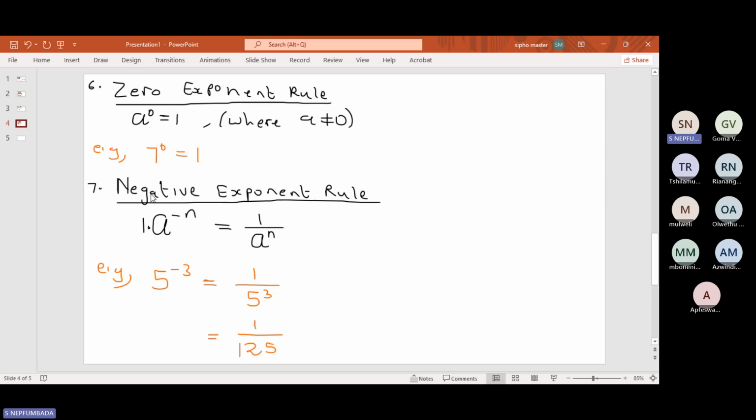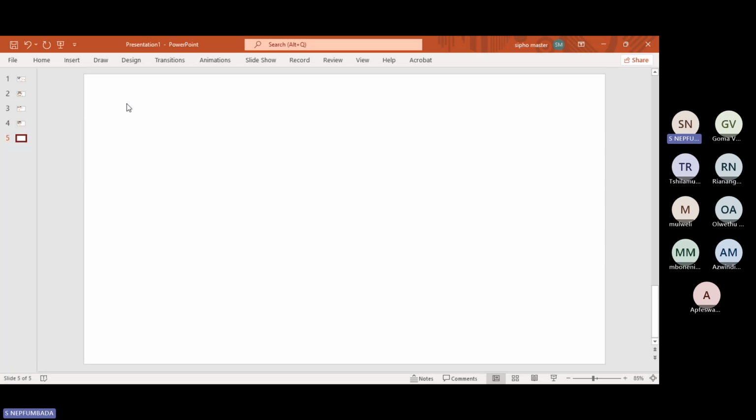Now, as we were saying about this law of exponents, we can go to the next slide. And we said if they say simplify, we are done with the law of exponents. On number 1, they give you 2 to the power of 4 to the power of 3.